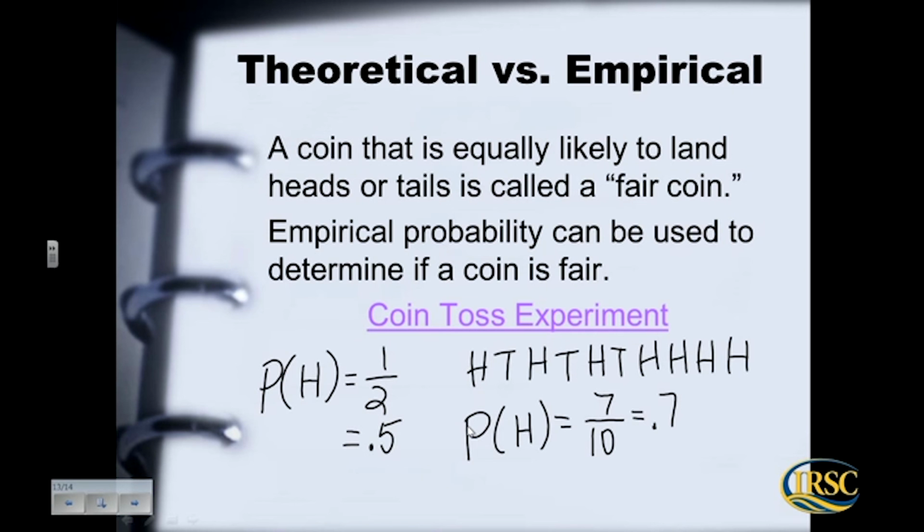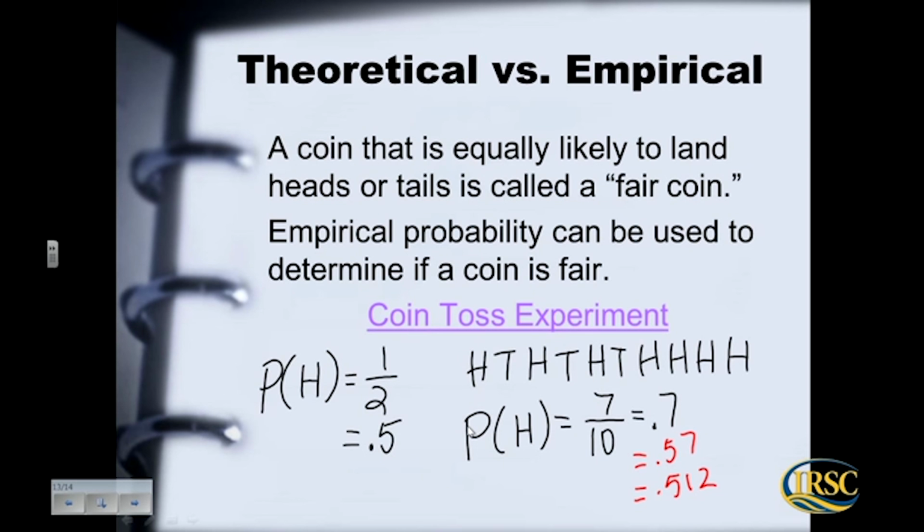And what tends to happen when we use the computer to flip the coin is that when we do it 100 times, we get 0.57. Still not quite 0.5. Then let's say we do it 1,000 times, we get 0.512. Still not quite 0.5.